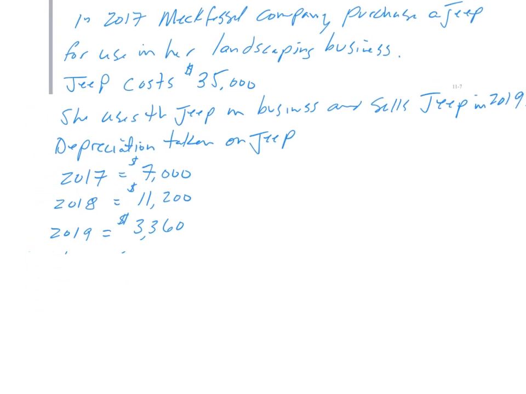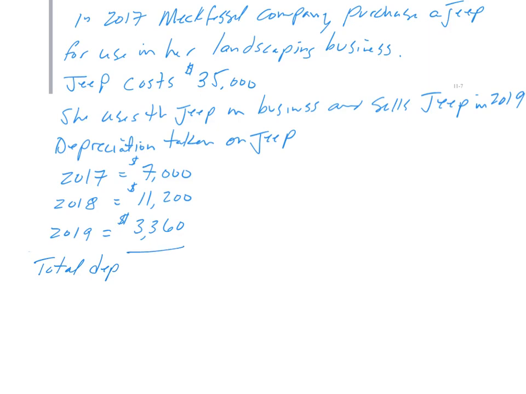All right. So total depreciation taken over the life of that Jeep is $21,560. Okay.